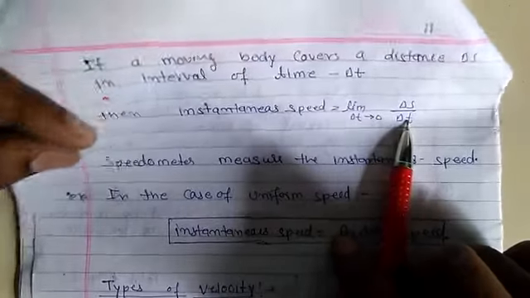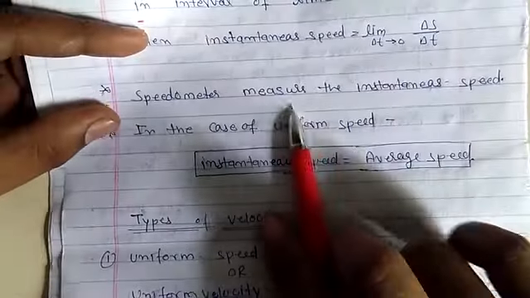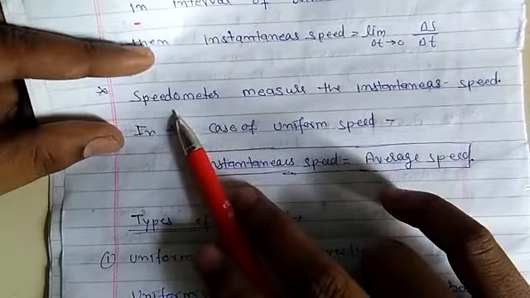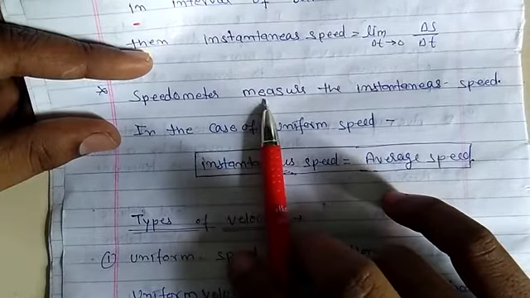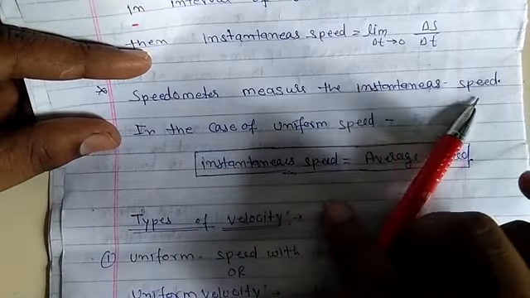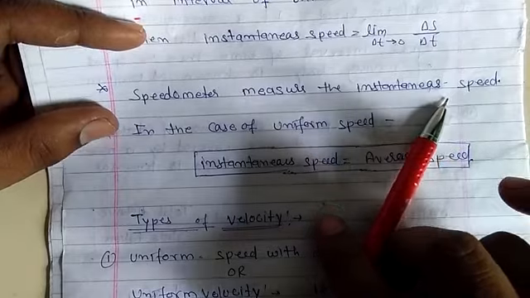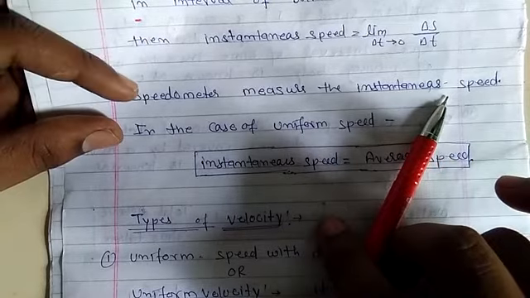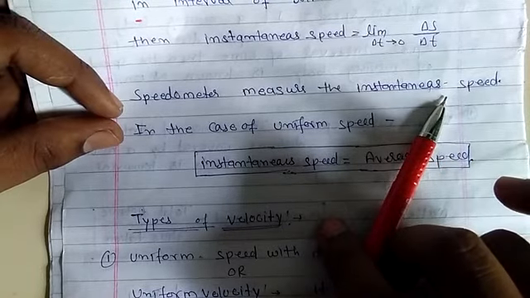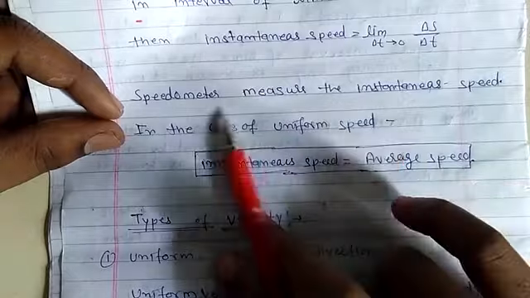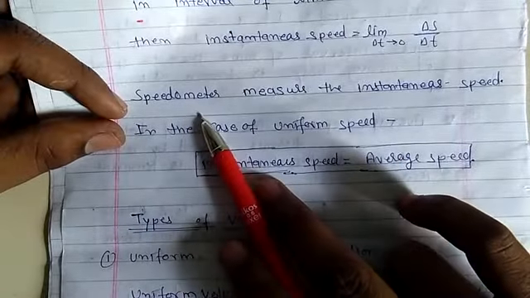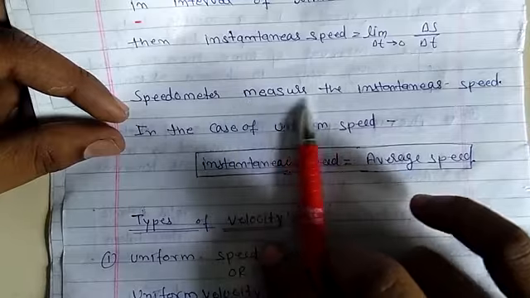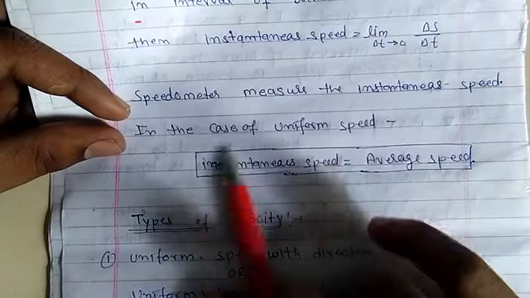We will discuss this numerically in another video. And we take an example of a speedometer. A speedometer measures instantaneous speed. When you are driving a bike or car, you can observe the speedometer, and at that time the speedometer represents the instantaneous speed.